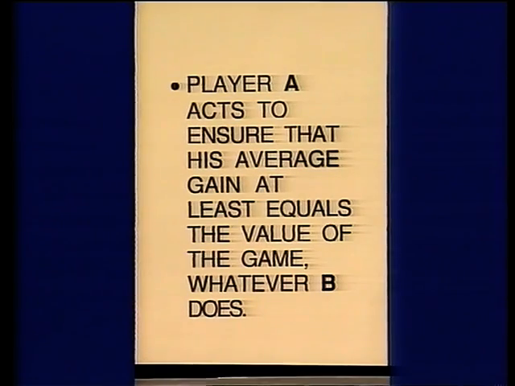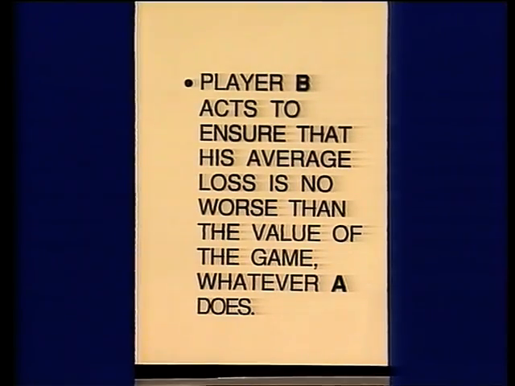Now, what is player A's strategy? Player A acts to ensure that his average gain over a long series of games is at least equal to the value of the game, whatever player B chooses to do. That is not the same as saying that player A tries to win as much as he possibly can.